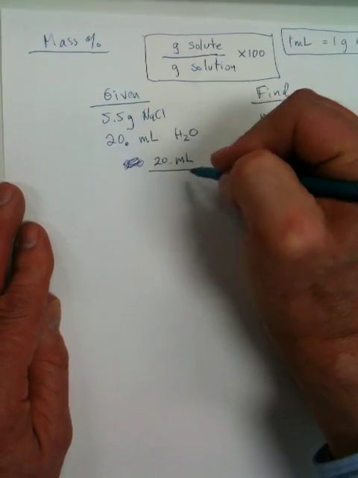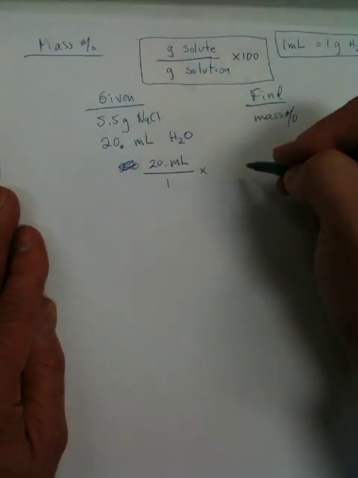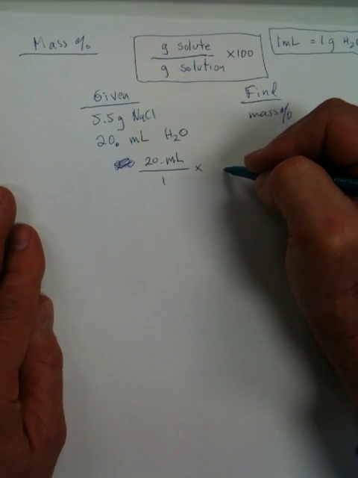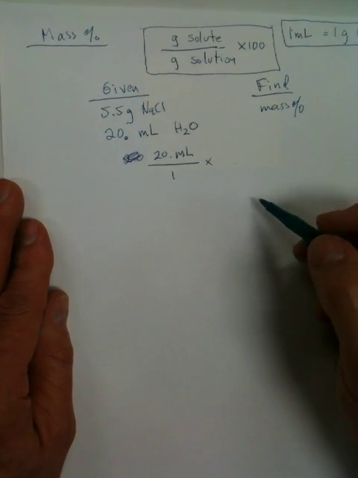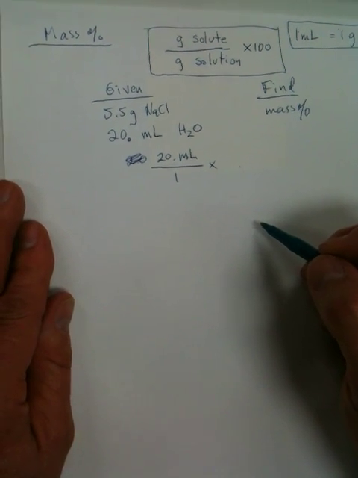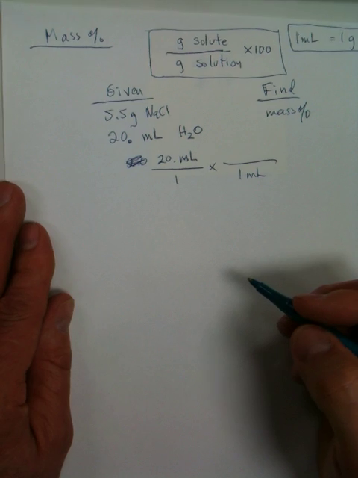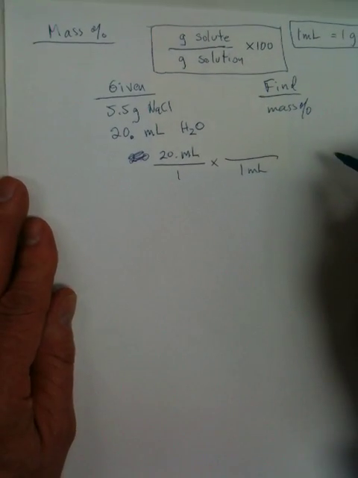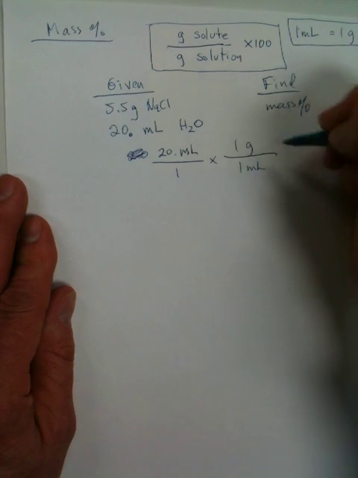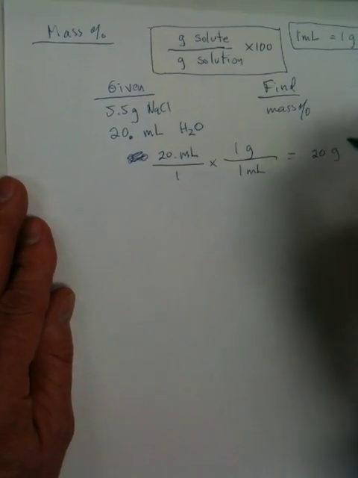How do we get this into grams? How many mL? 1 mL. And what's on top? How many? Yeah, it's 1 for 1. So we can convert that very easily to 20 grams.